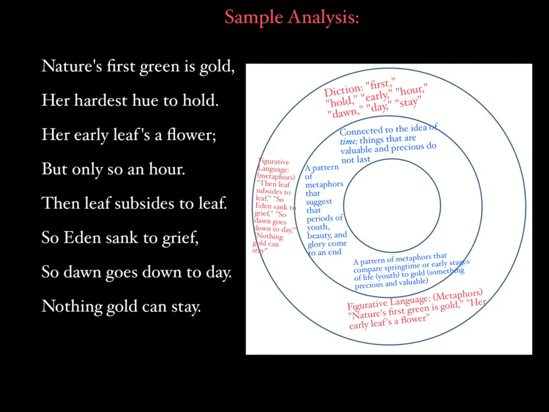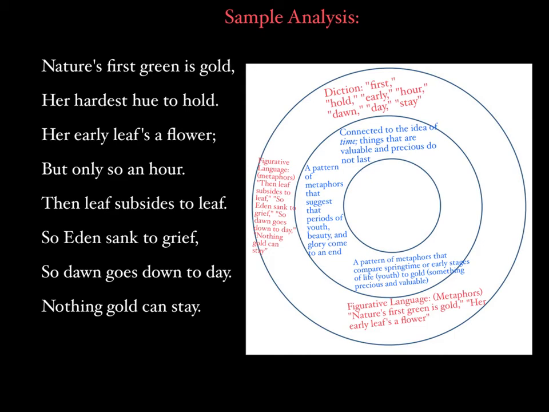What's really cool about this is if I had just come to that abstract idea based on the diction that I pulled in the first example, I might have come up with a theme about time. But since I've added these metaphors related to youth and early stages of life, and I've also found some metaphors that suggest that youth is not eternal, that youth at some point leaves us, then I can come up with an even better thematic idea.